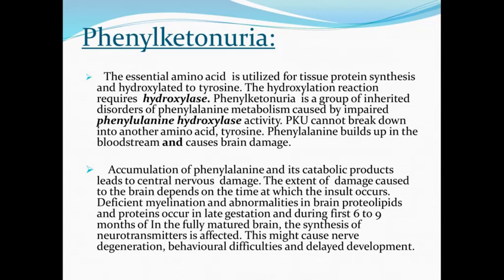In the fully mature brain, the synthesis of neurotransmitters is affected. This might cause nerve degeneration, behavior difficulties, and delayed development. So basically, it is related to neuro problems and brain degeneration.